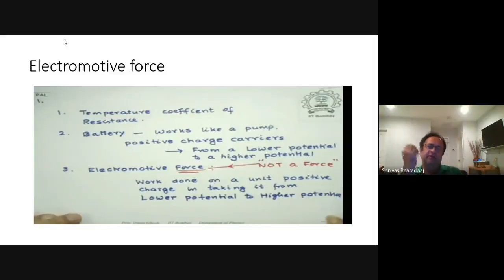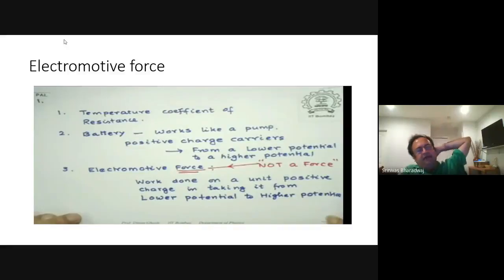So potential difference produces a current. Now the potential difference V times that current, V times I, is your power. It is the rate at which the battery is doing work.